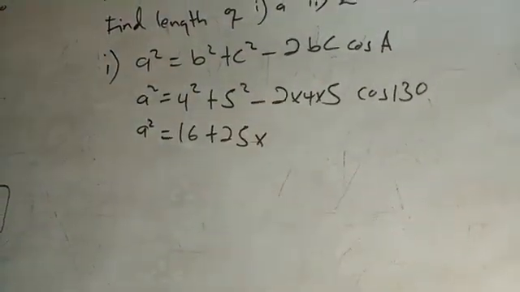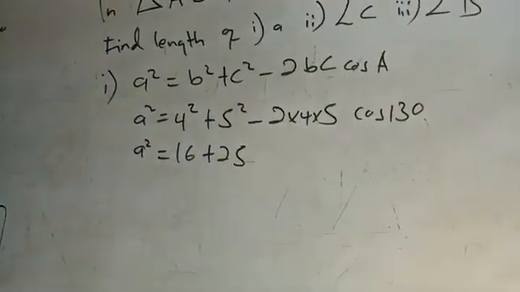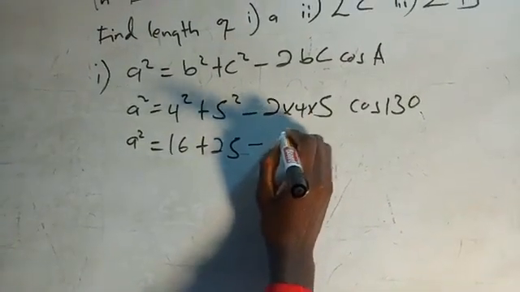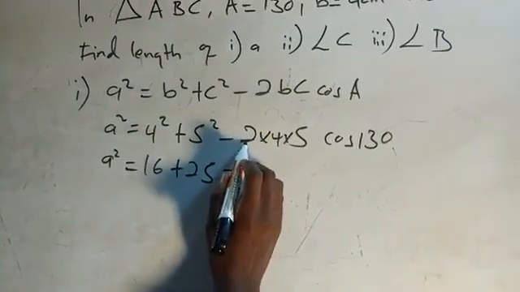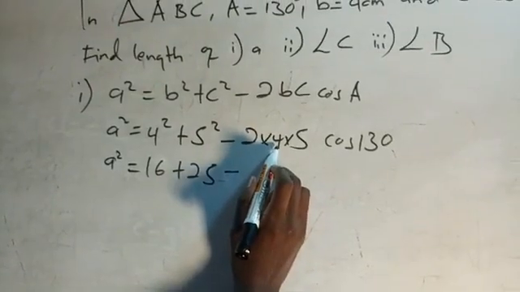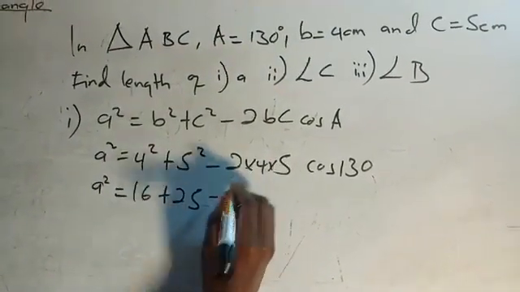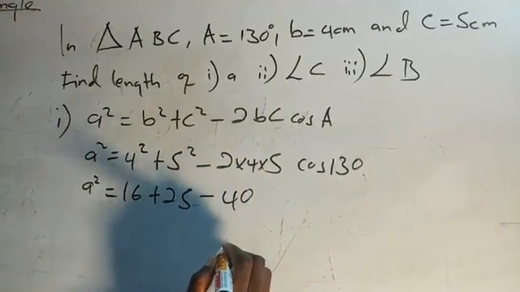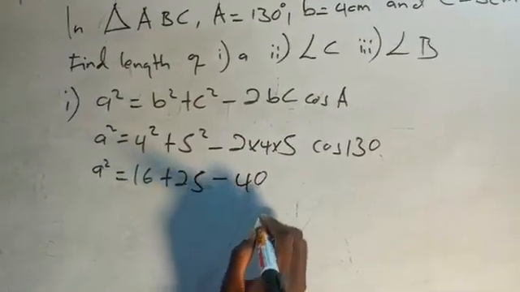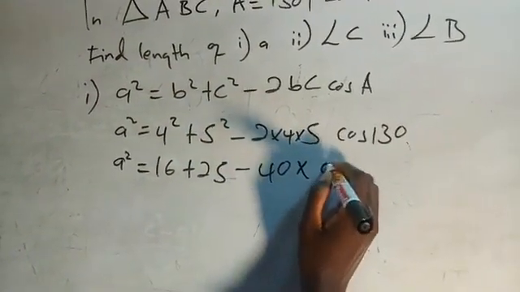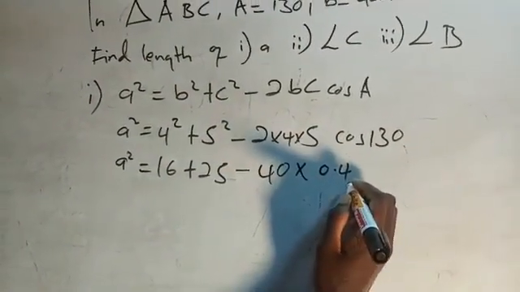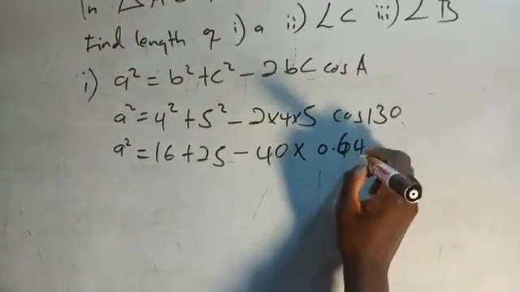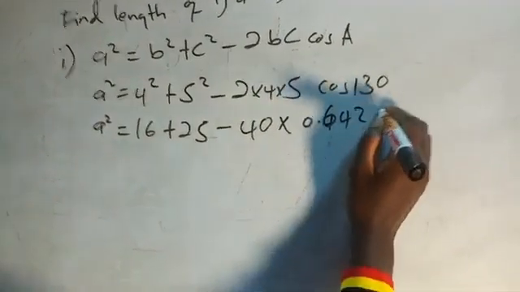which is minus, it is minus 2 times 4, which is 8, times 5, which is 40, and cos of 130 is 0.6428.